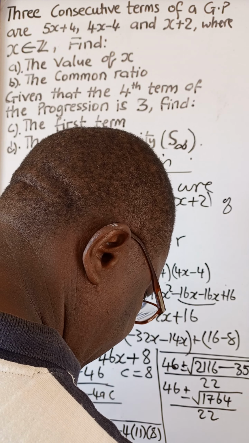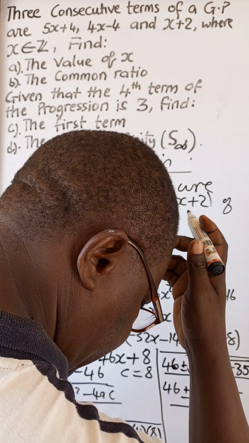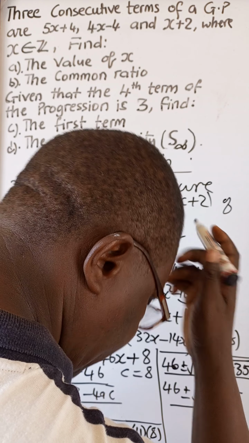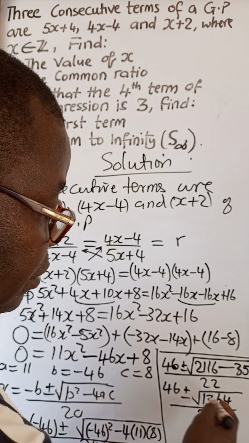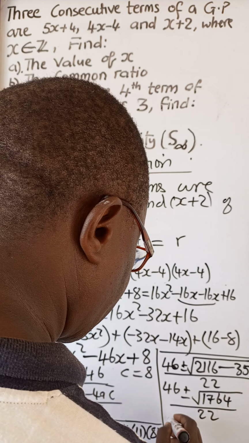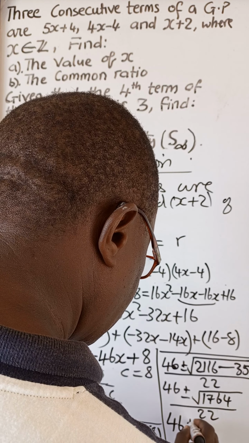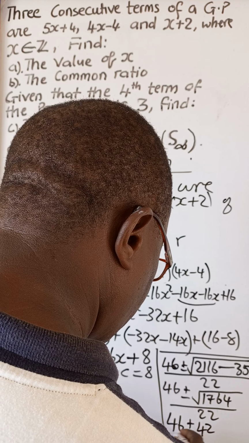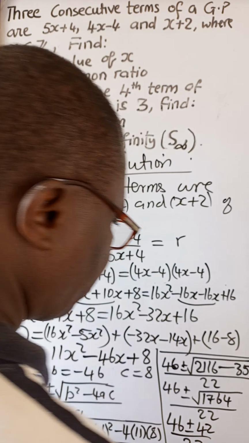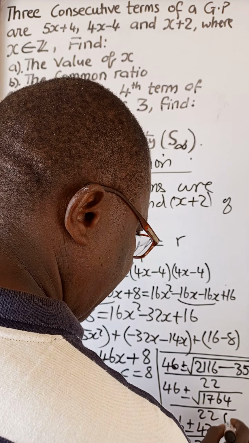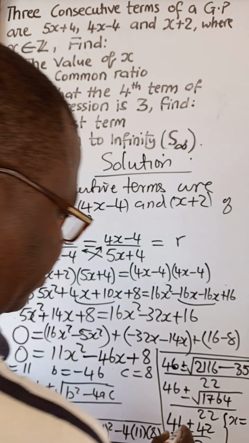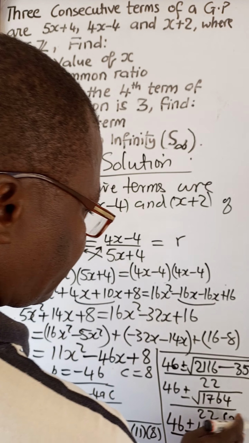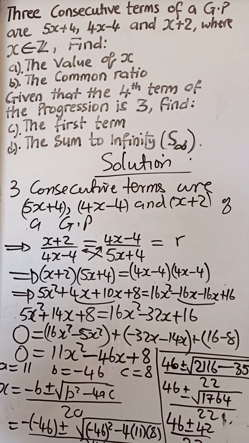The square root of 1764 is 42. Alright? So we have 46 plus minus 42 all over 22. Alright? So that we can have x, and we take the positive. Let's continue up.